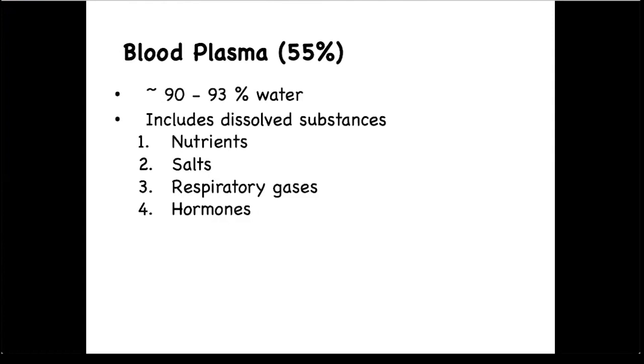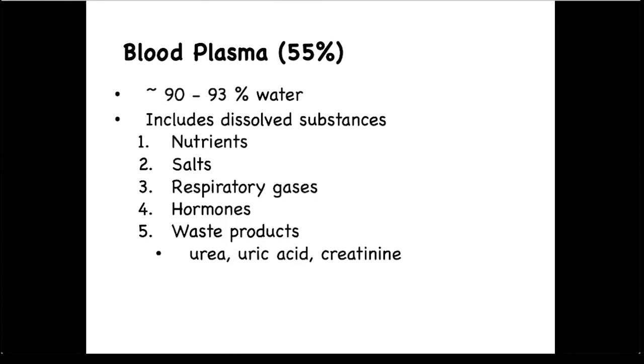In addition, hormones, waste products. These are metabolic waste products. They include urea from protein metabolism, uric acid from nucleic acid metabolism, and creatinine from muscle metabolism.